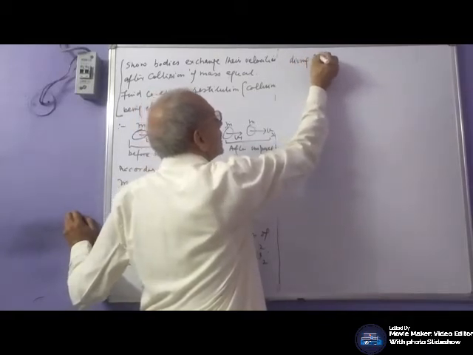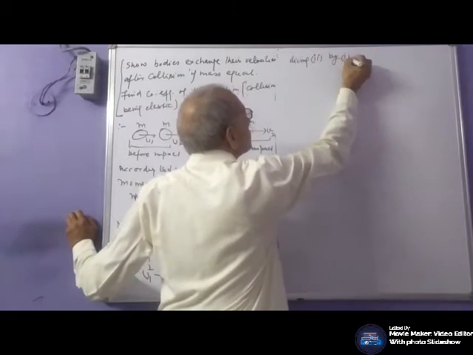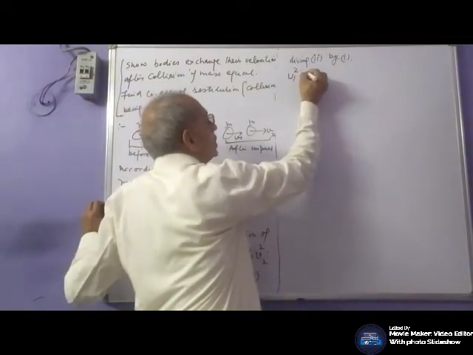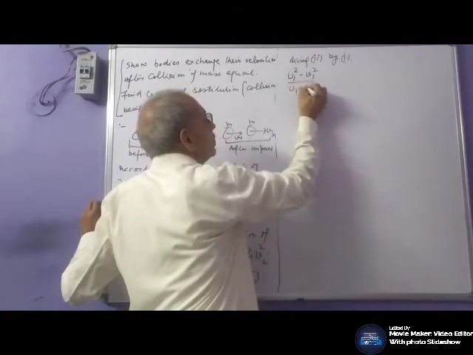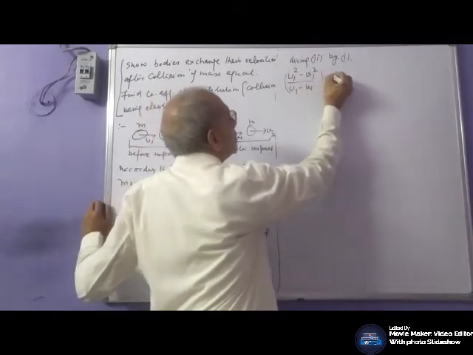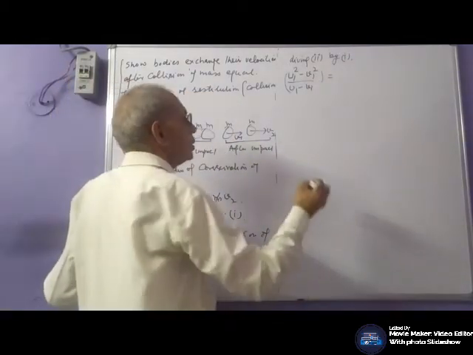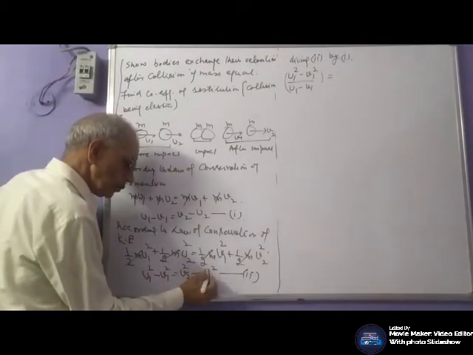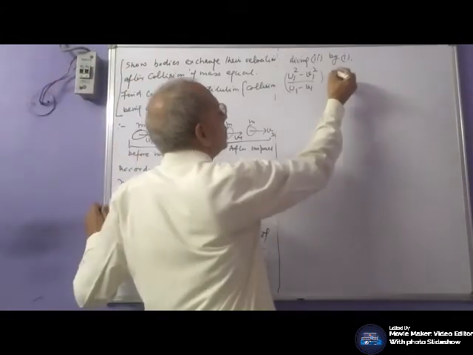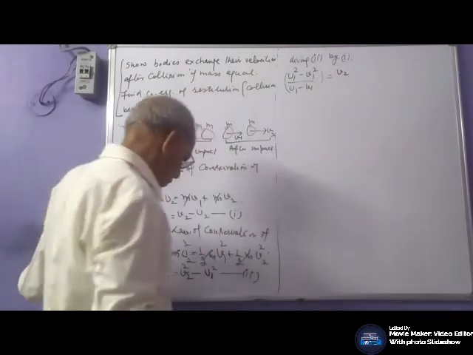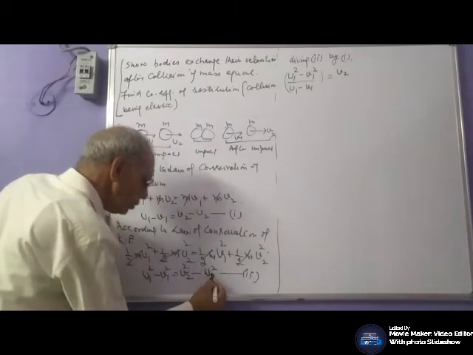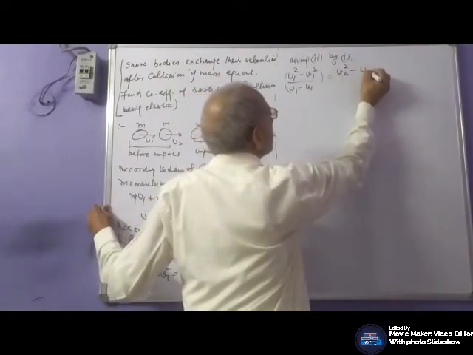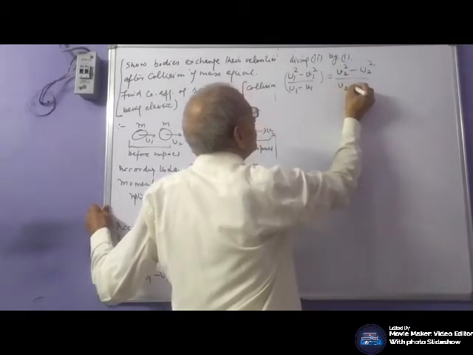Dividing second by first: U1 square minus V1 square over U1 minus V1 equals V2 square minus U2 square over V2 minus U2.